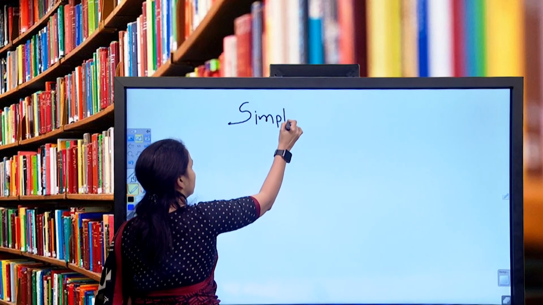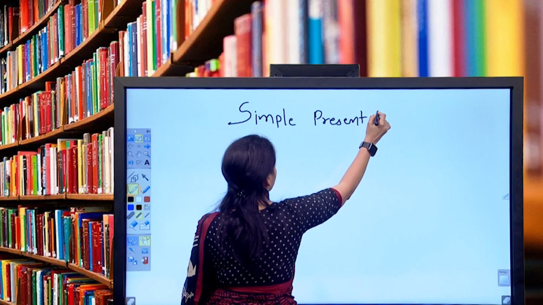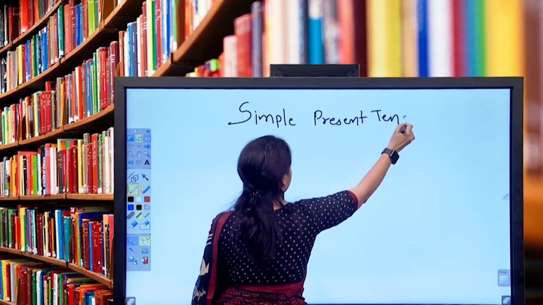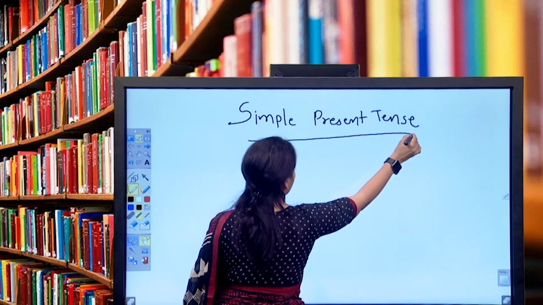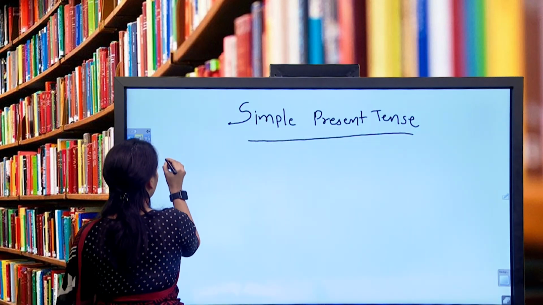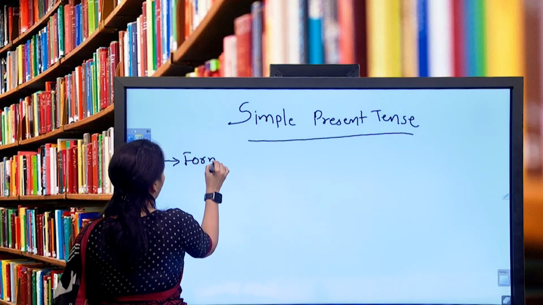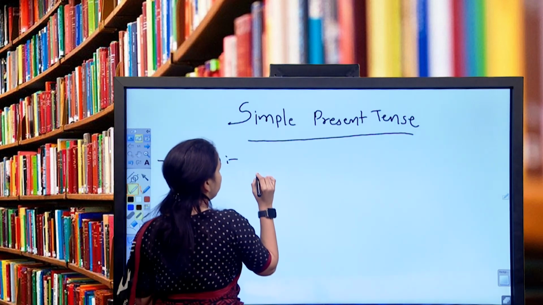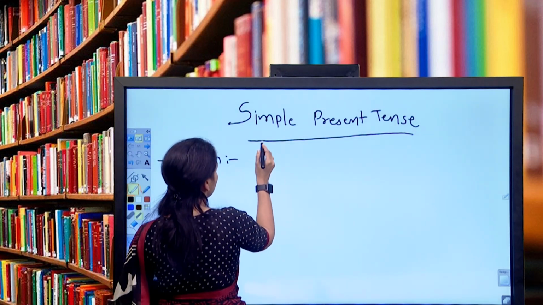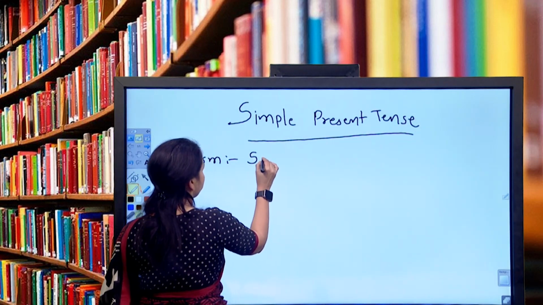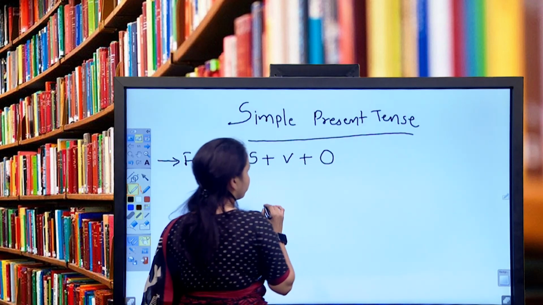Whenever you learn any tense, first of all you have to clarify the form of the tense. When we are talking about the simple present tense, the form or structure of the tense is subject, verb, object.